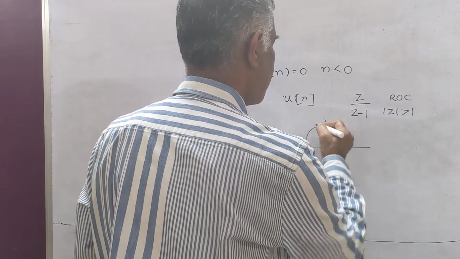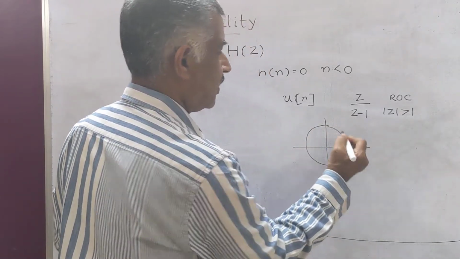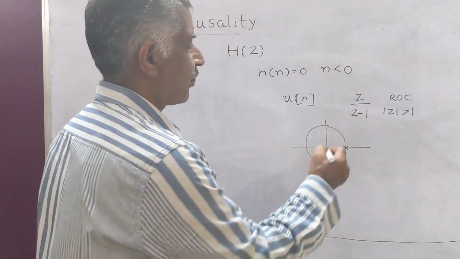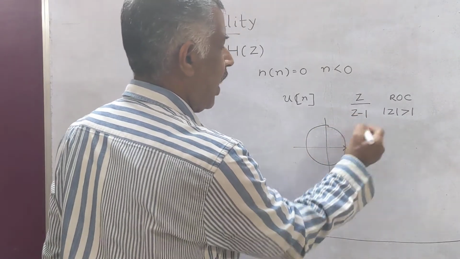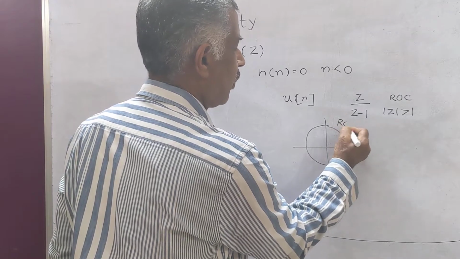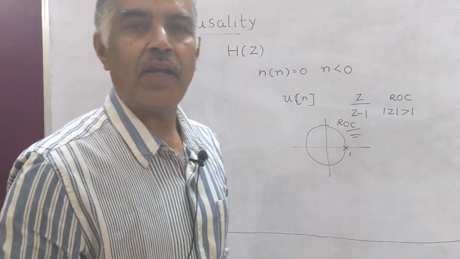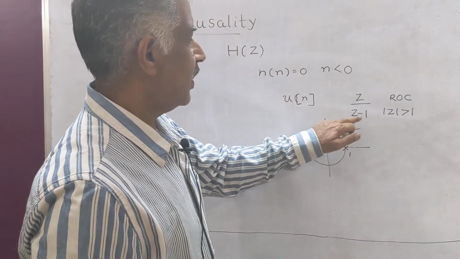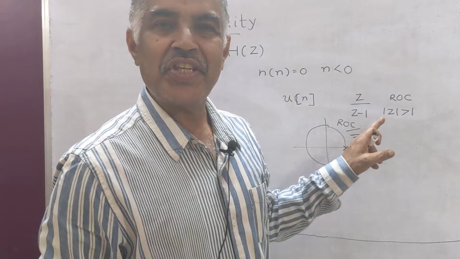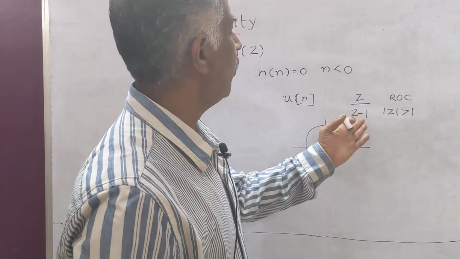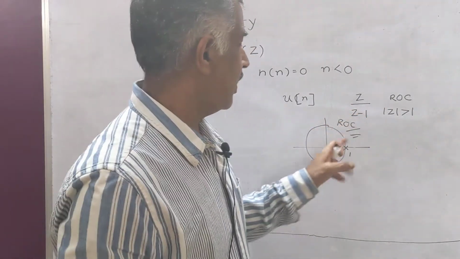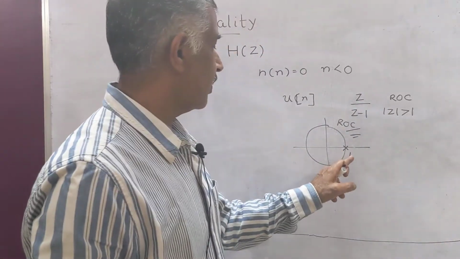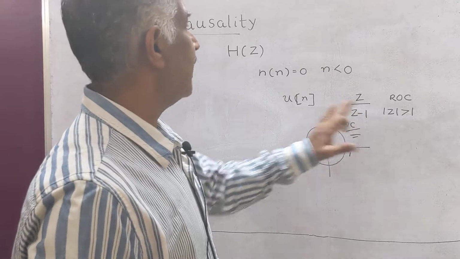This is the pole of the signal. So this is 1 and the ROC is outside, outside the circle of radius equal to the magnitude of the largest pole. Here there is one and only pole. z equal to 1 is a pole and the ROC is outside, exterior to this. So this is right-sided.